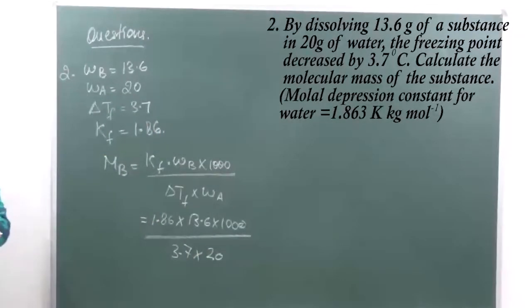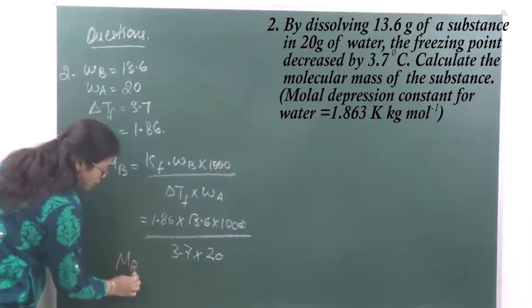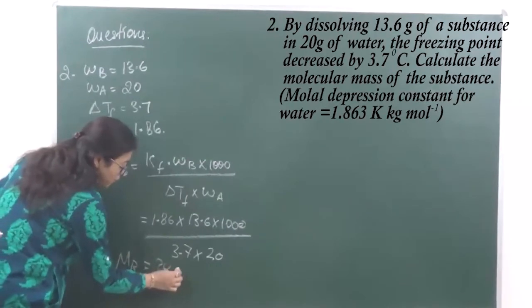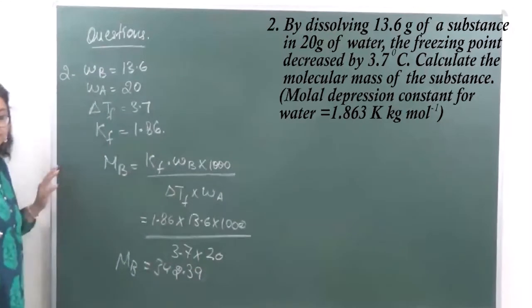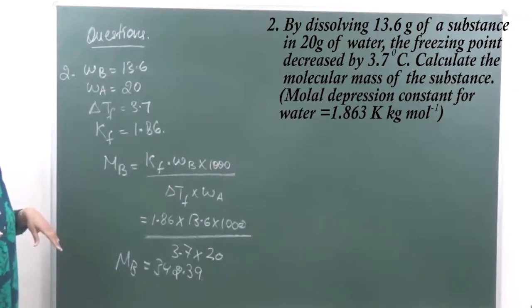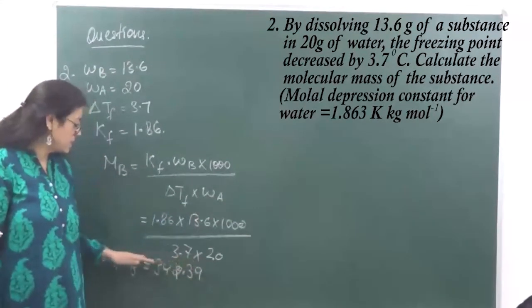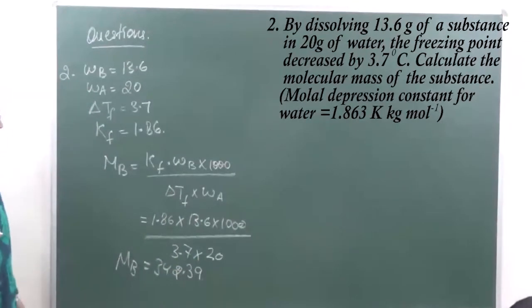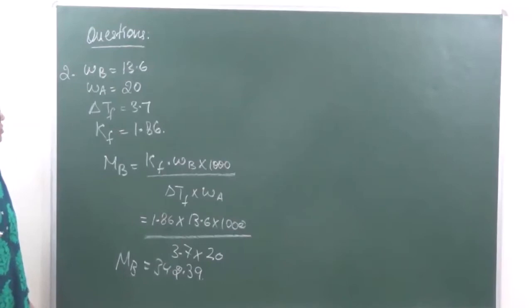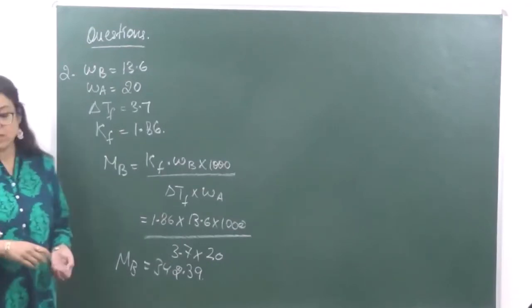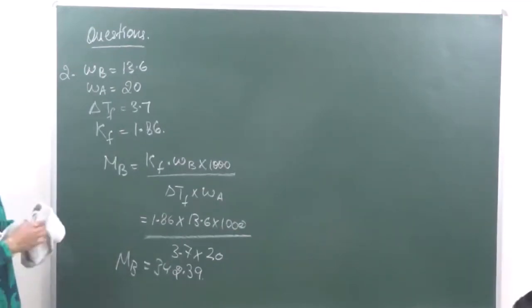So this is also a direct question. When we solve this, Mb comes to approximately 342.39. This is the second question. So this is again a very simple question. Let's go on to question number 3.